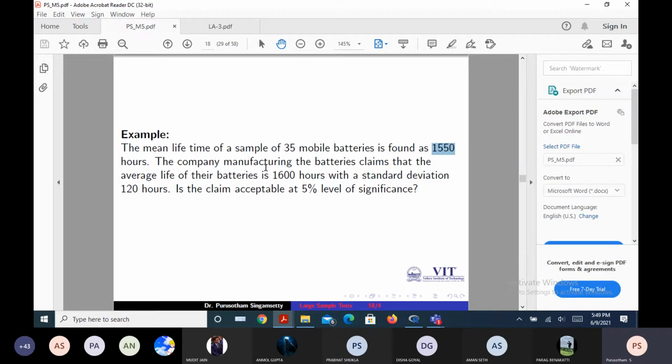In the overall production process, what they are claiming is the average lifespan of their batteries is approximately 1600 hours. But from the true data, considering 35 mobile batteries, you know that the average is something like 1550. Is there some difference between the manufacturer's claim and your observed data on the average lifespan?